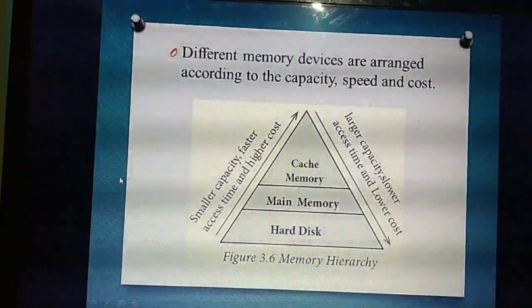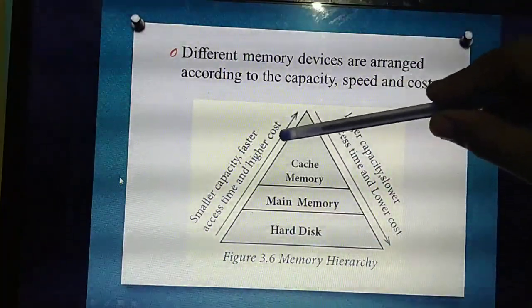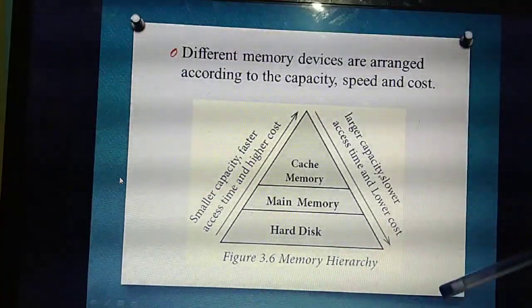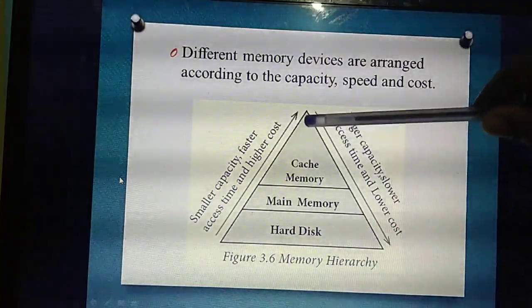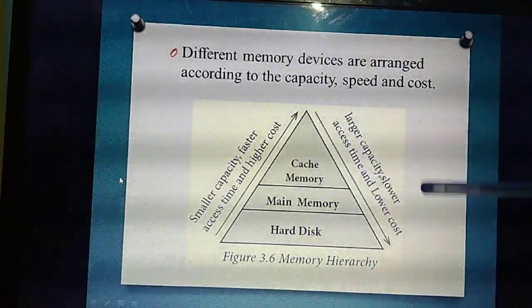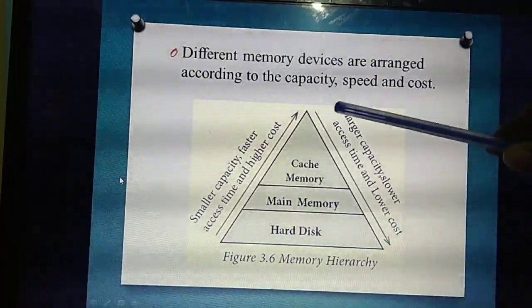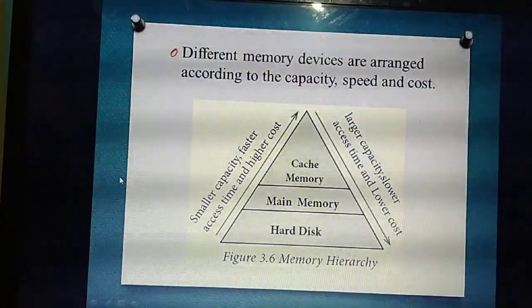If the capacity is low, you can access very fast and the cost becomes very high. Based on this arrow mark you study.